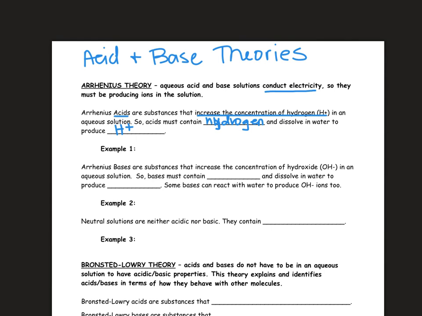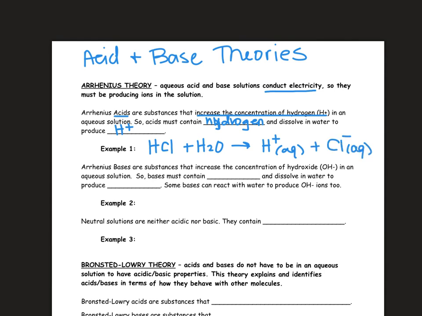For example, if I look at a strong acid, let's say HCl, and I put that into water and make it aqueous, the water breaks it apart because it dissolves it into hydrogen ions, which I'll write as aq because they're floating around, and chlorine ions that are aq.